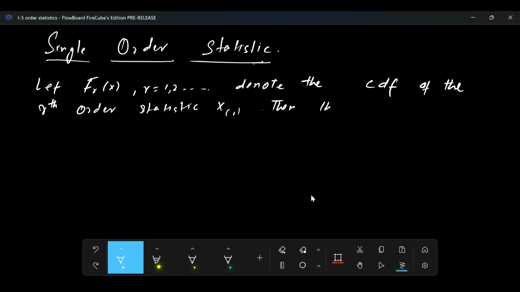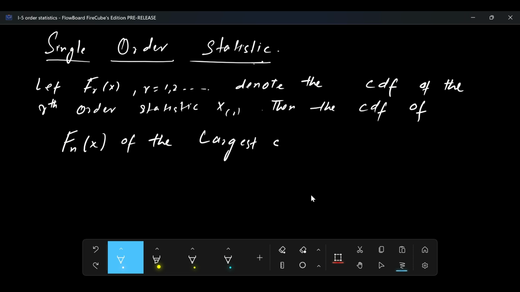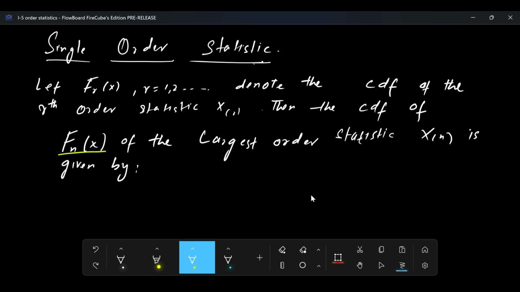Then the CDF Fn(x) of the largest order statistic, that's xn, is given by. Now we will try to find the PDF and CDF of the nth order statistic.